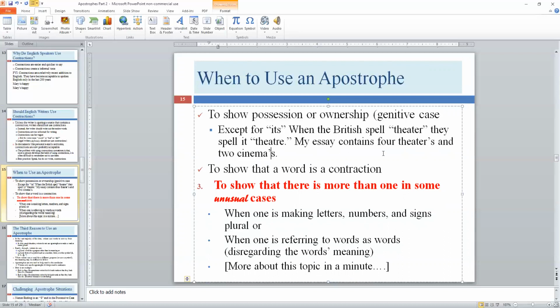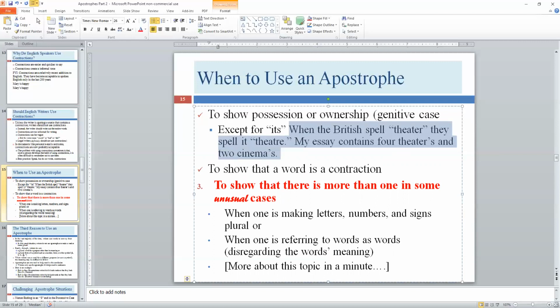That could be a way of doing this, and it's a way of communicating. We don't mean that there were literally 4 theaters, the actual building, in my essay. Obviously, my essay is just a piece of paper. It can't include buildings. And so that can be a way of alerting the reader, hey, I don't mean the word theater in the ordinary way that I use the word theater.